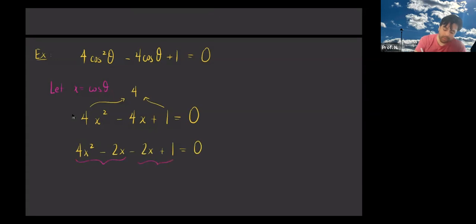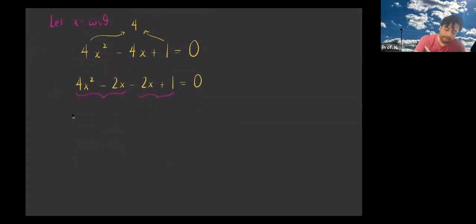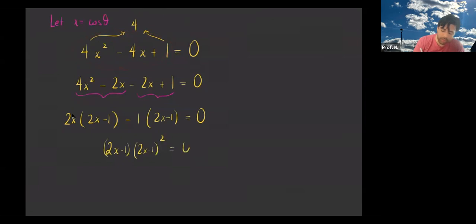Then you factor by grouping, and I'm left with 2x times 2x minus 1, minus 1 times 2x minus 1, equals 0. This is a perfect square trinomial, so I should have known that this already would give me 2x minus 1 quantity squared equals 0.